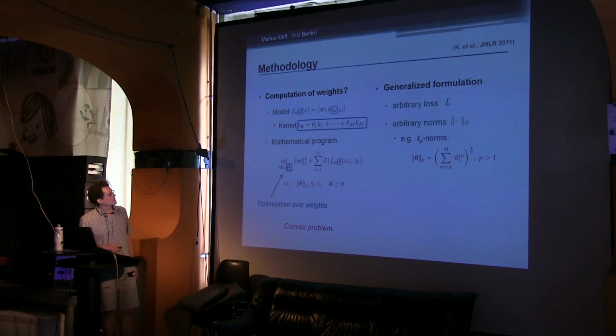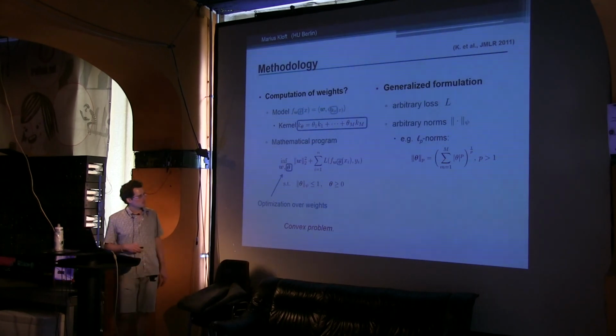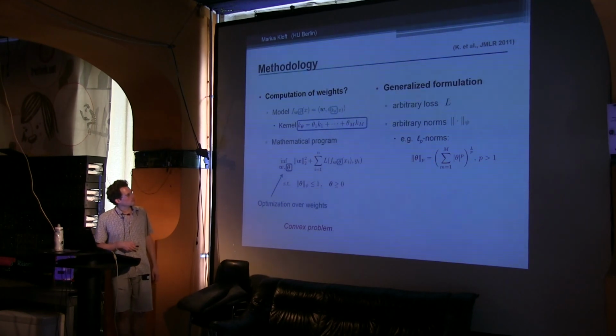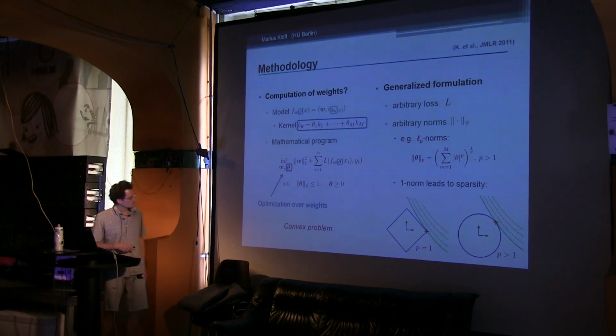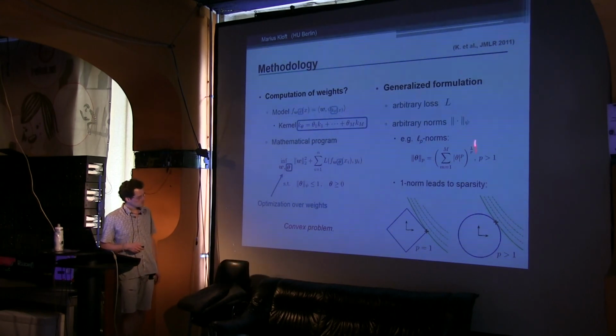It's really easy. And because it's very general, we can now also use general norms like P norms, and if we use a P equals 1 norm here, shown on the left, then this will lead to a sparse method. But if we use another norm like the usual P equals 2 Euclidean norm, then we get non-sparse solutions.